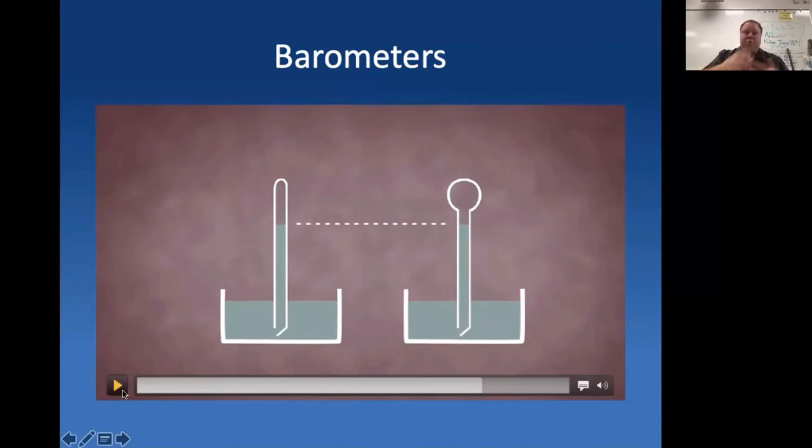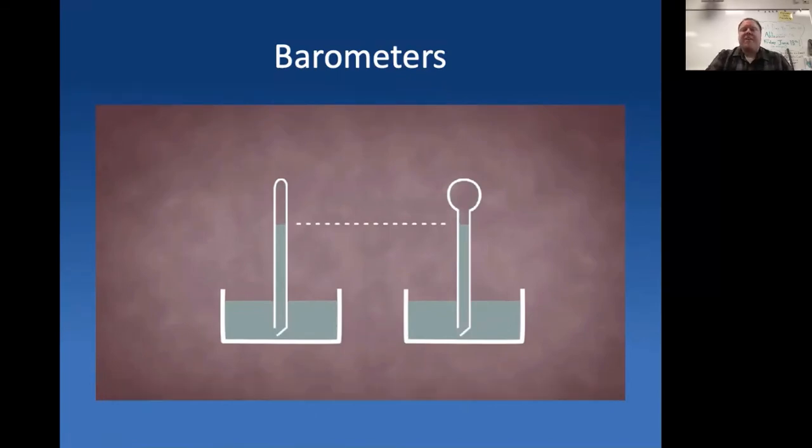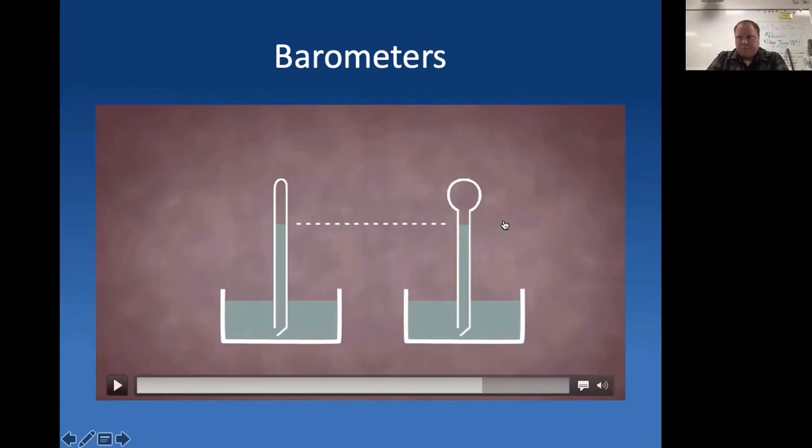Okay, so they jumped through this in like 10 seconds. This experiment here, pretty simple. You get two tubes. One, though, has like a big bulb at the top, so it's got more space up here. They filled them full of mercury. They flipped them upside down. They let the mercury come out, and it was still the same height for both of them.